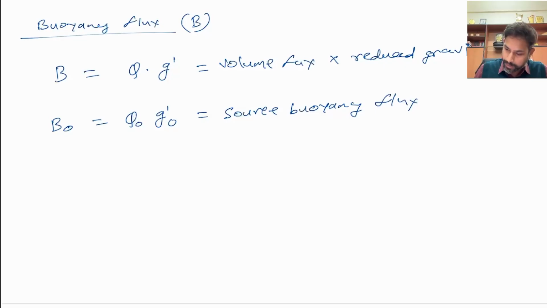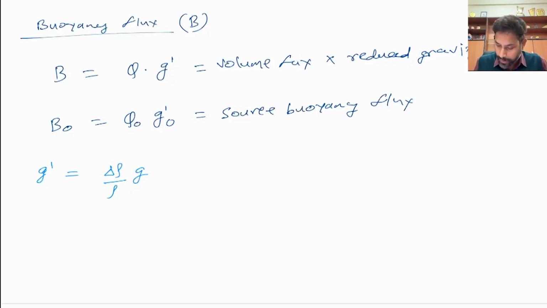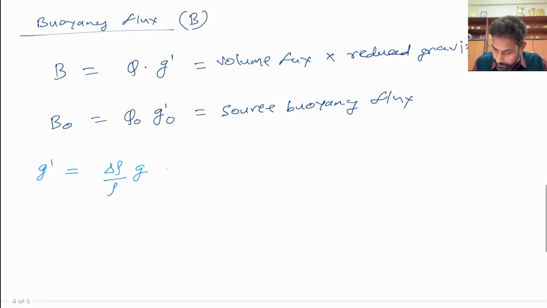Okay, and now let's look into the units of both g prime and buoyancy flux. So g prime, as we have seen, is given as delta rho by rho into g. So delta rho by rho have the same dimension, right?